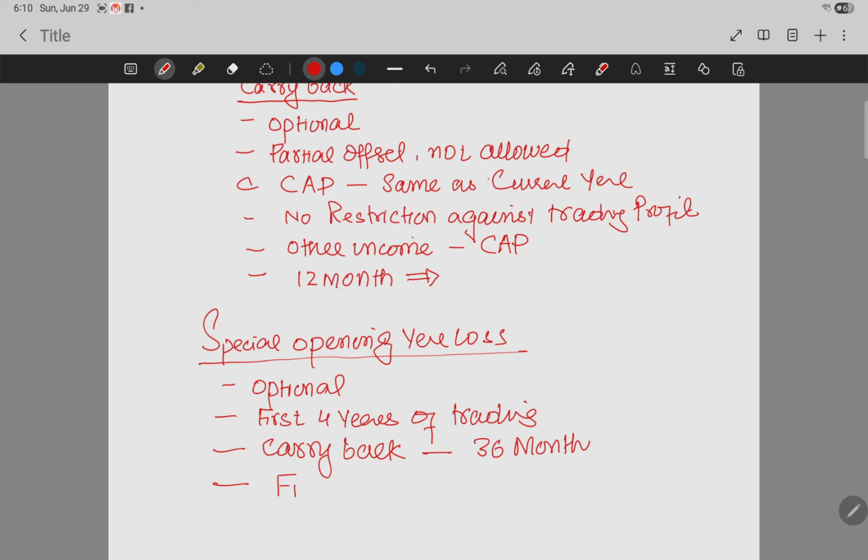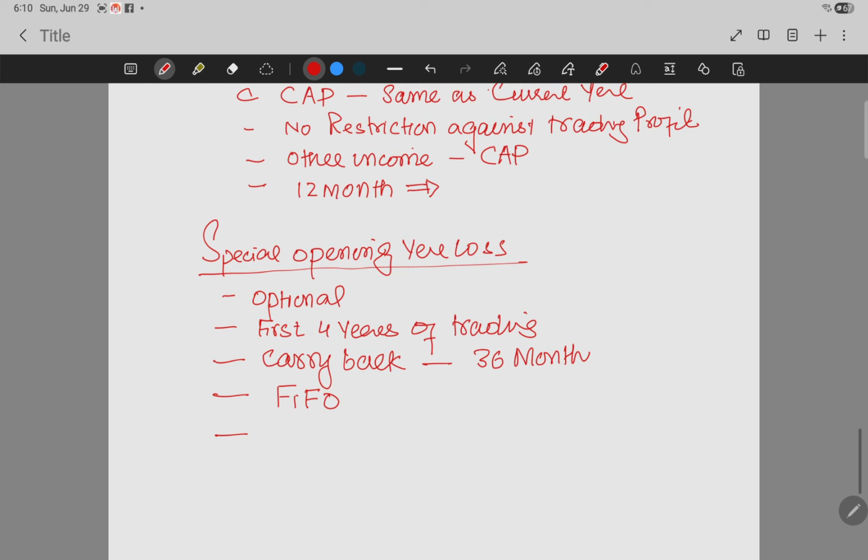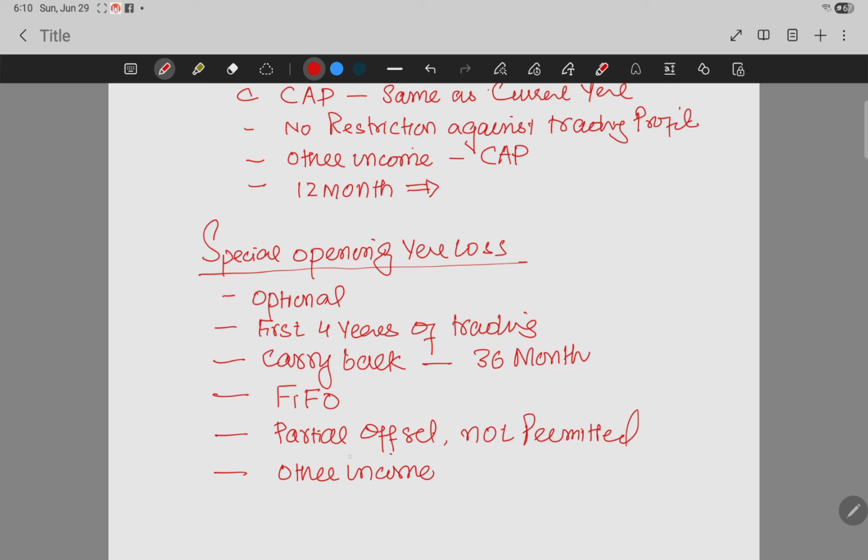Order first in, first out. Partial offset is not permitted. And obviously you have to offset against other income. There is no cap restriction on this.